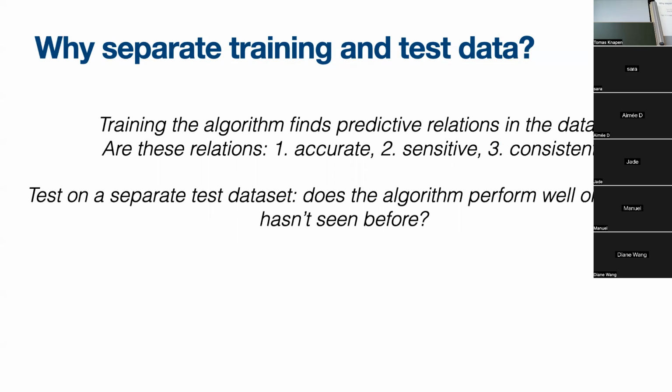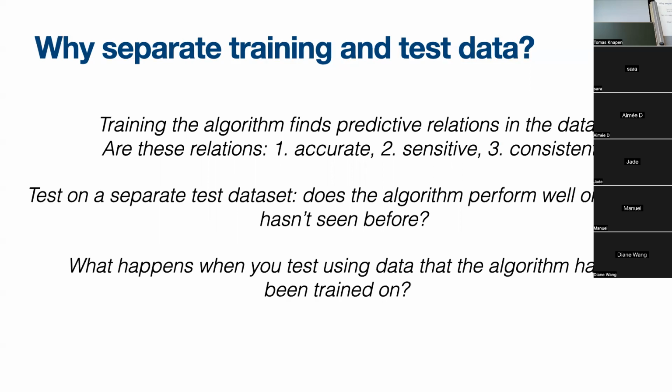And you always want to test whether this algorithm performs well on data that it hasn't seen before, because otherwise you get this circularity going, and that's incredibly problematic, right? You can just fit any algorithm on noise. If you test it on the same noise, you will get above chance performance. It's just because it's overfit, yeah?